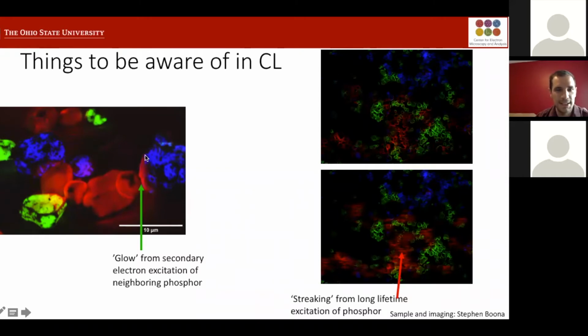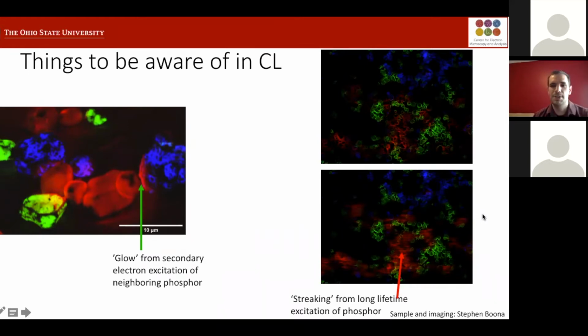So in this case, you can see we're hitting the blue phosphor with the electron beam here, but you get a lot of secondary emission that's going to be hitting your red phosphor, and you're going to be getting emission from that, basically creating a red glow on the phosphors adjacent to it. So you just want to be aware of that. You'll even see that kind of effect with any kind of secondary electron emission as well, though it's not usually as pronounced as this.